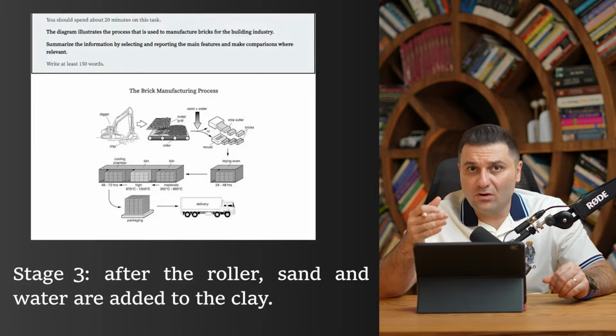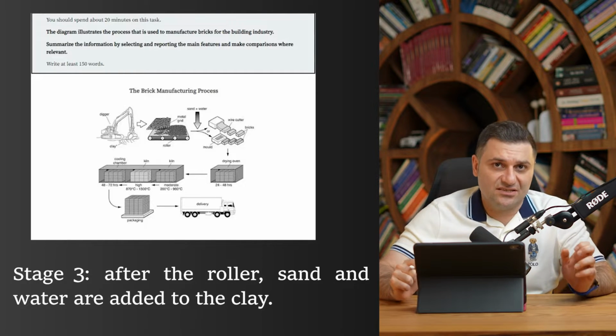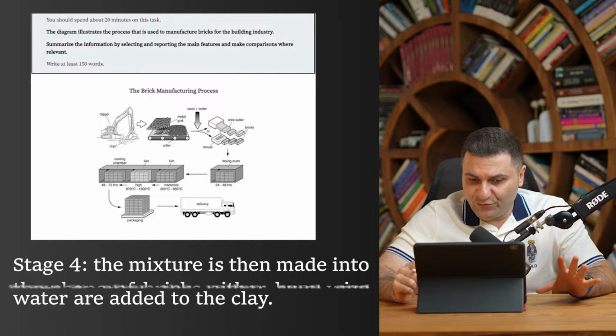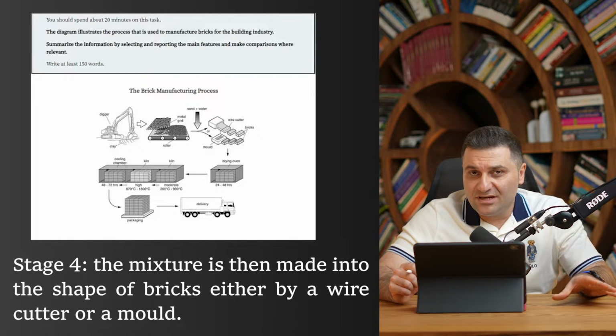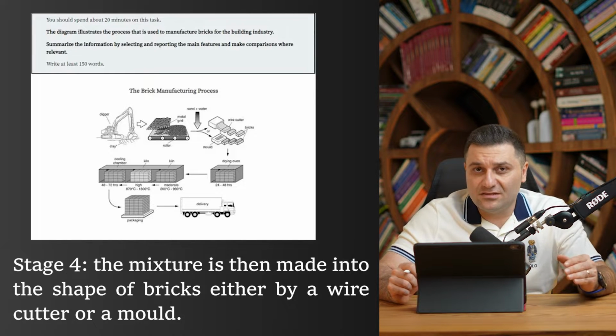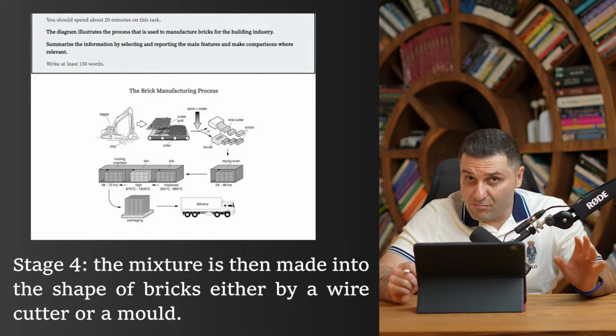Sand and water are added. As you can see, it is passive voice and it's in present simple tense. Now in stage 4, the mixture is then made into, again, this is passive voice and it's in present simple tense, made into the shape of bricks, either by a wire cutter or a mold.